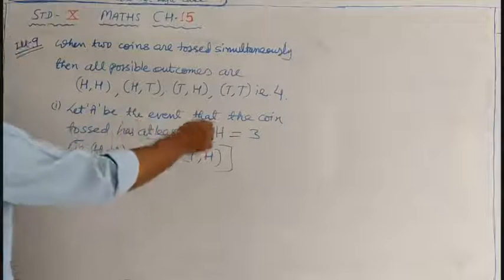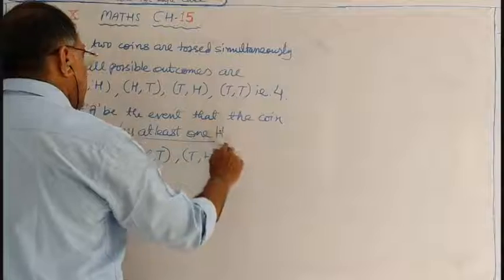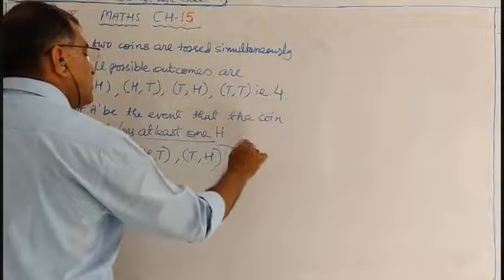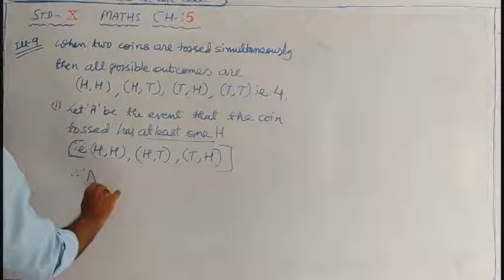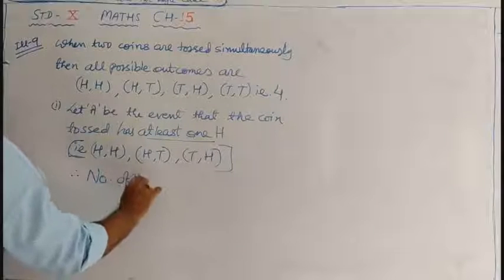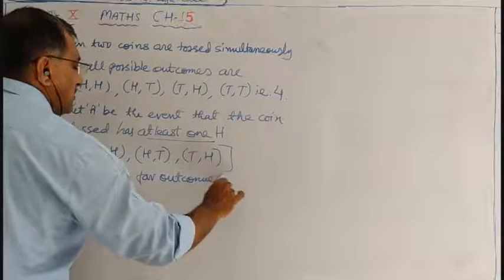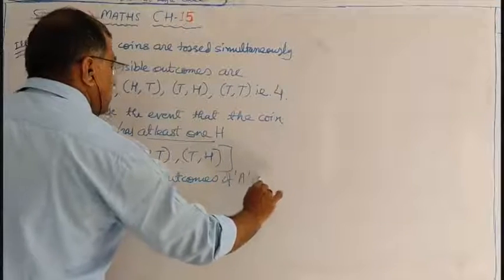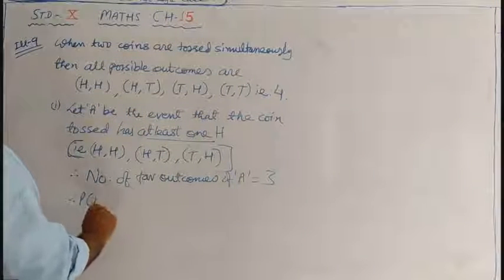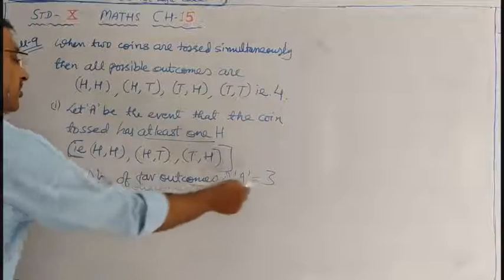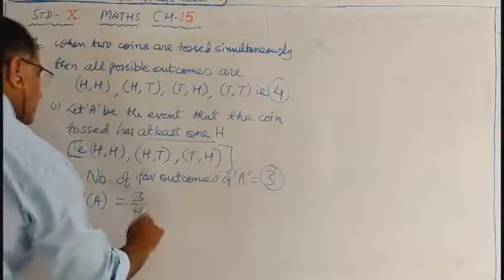Therefore, the number of favorable outcomes of event A is equal to 3, and therefore probability for the event A is equal to number of favorable outcomes divided by all possible outcomes, 3 by 4.